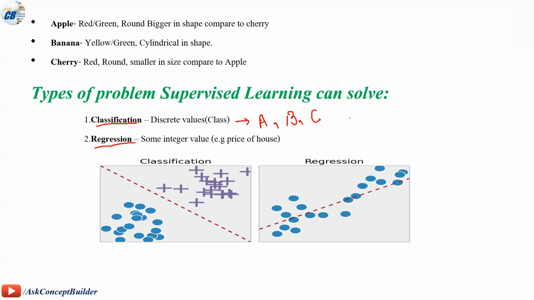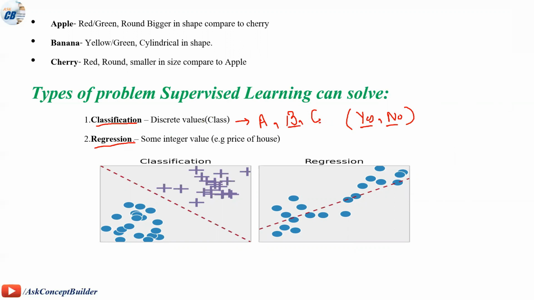Or if we have to detect whether a mail is spam or not, so yes or no, these are also discrete values. So these types of problems come under classification, in which our output values are classes, which are discrete values.